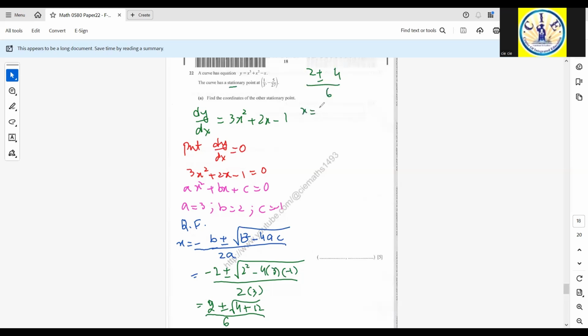So the value of x is either -2 plus 4 by 6, or the value of x is -2 minus 4 divided by 6.